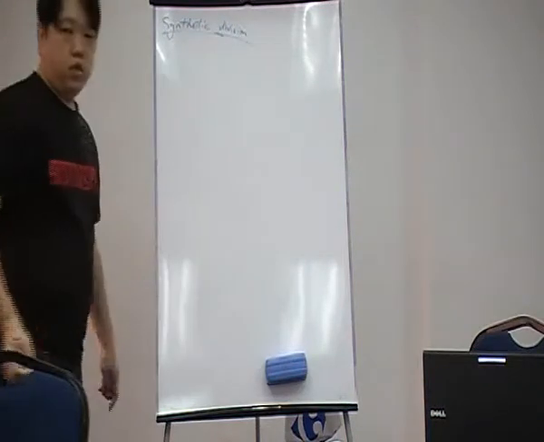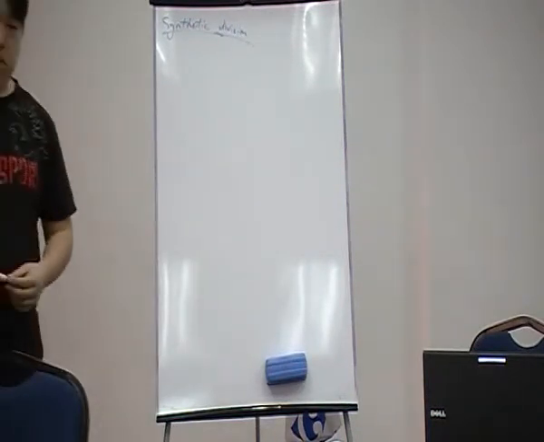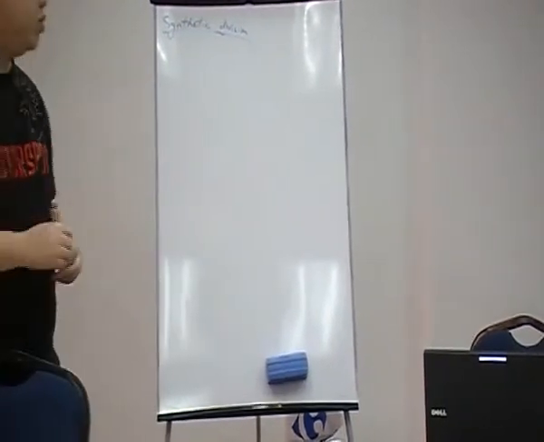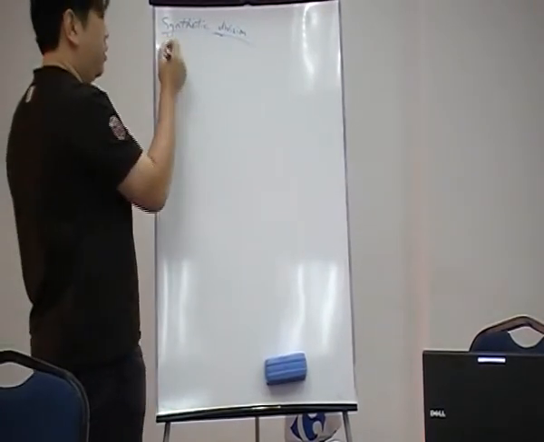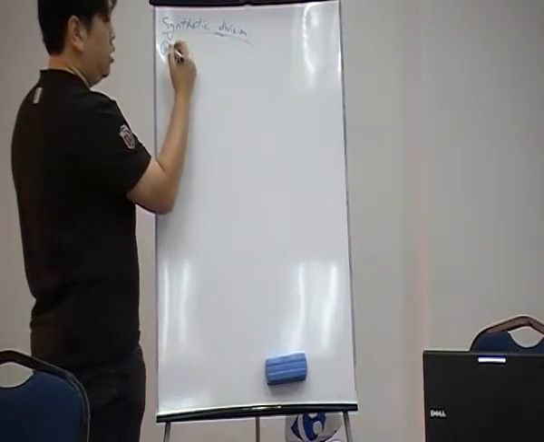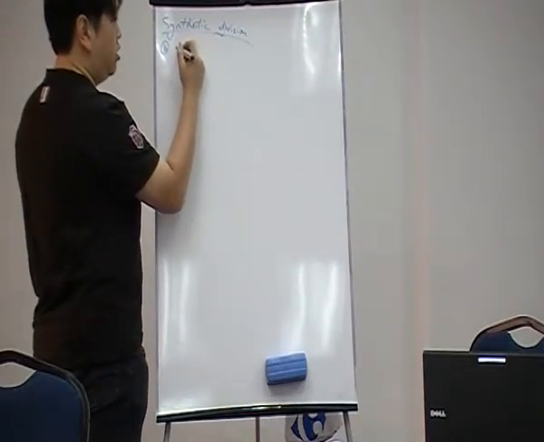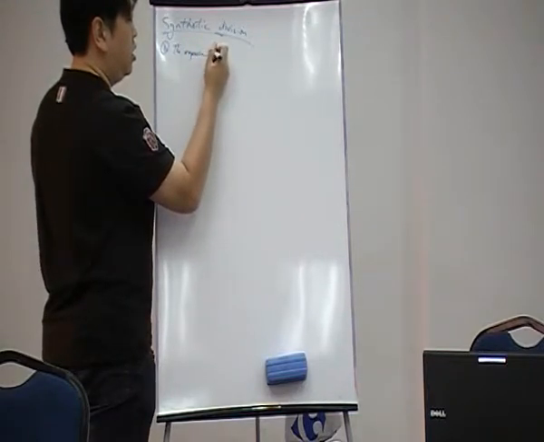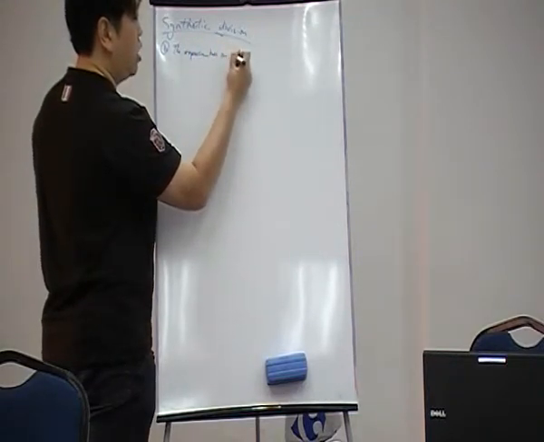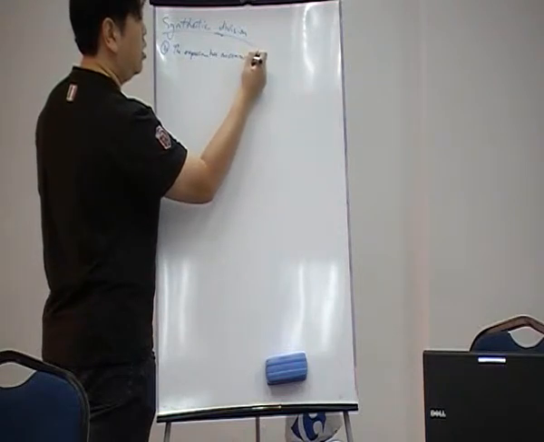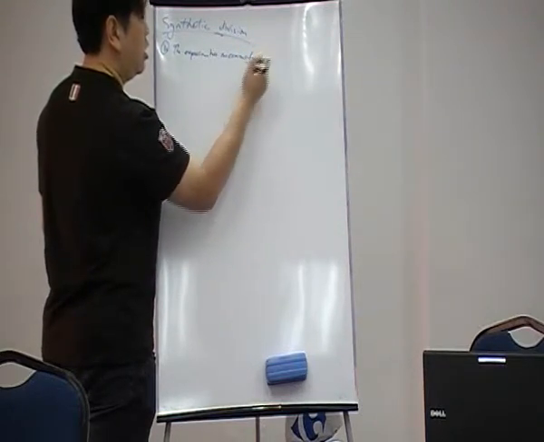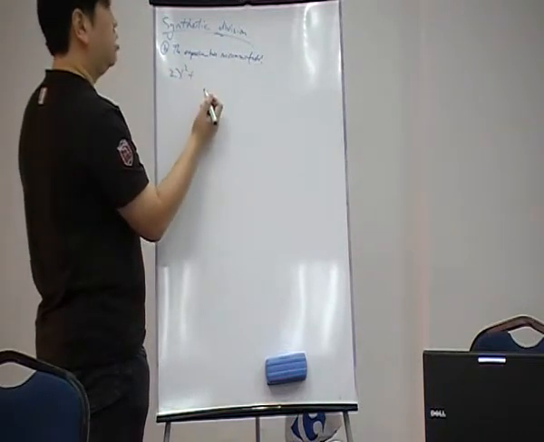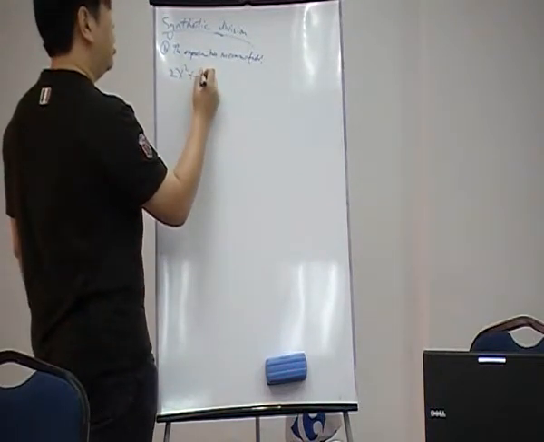Okay, synthetic division. Should we jump to some example? Synthetic division is different from long division, and you have some limitations. The first one is something like the elimination method: make sure the expressions have no common factor.